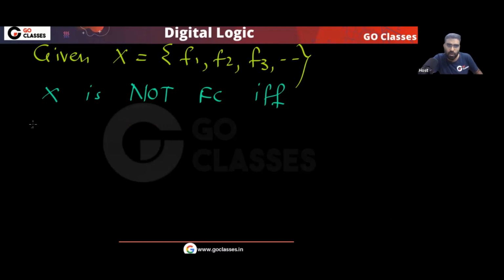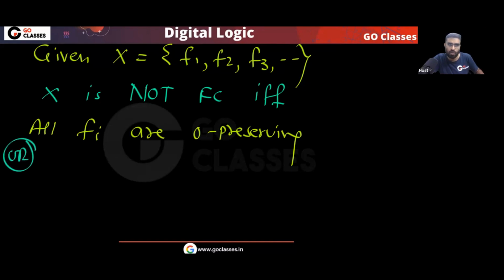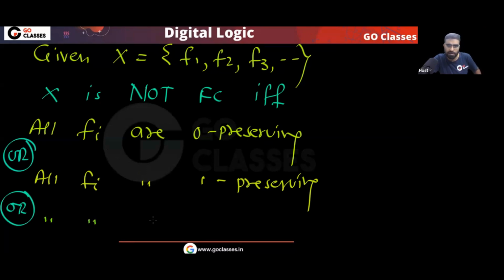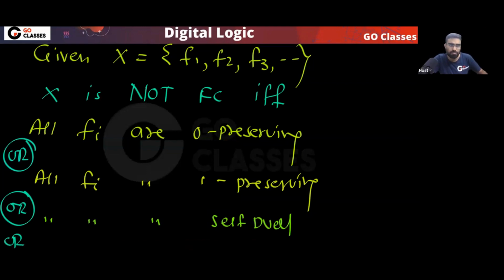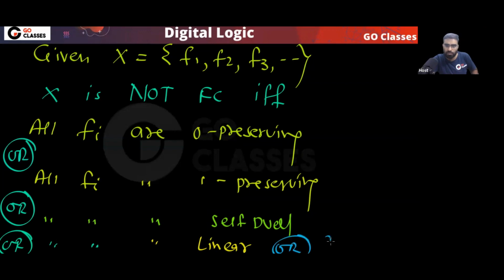If and only if all Fi are zero preserving, or all Fi are one preserving, or all Fi are self-dual, or all Fi are linear, or finally all Fi are monotonic.